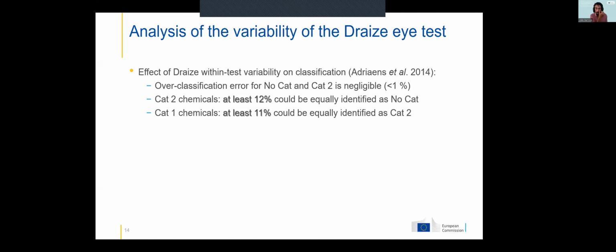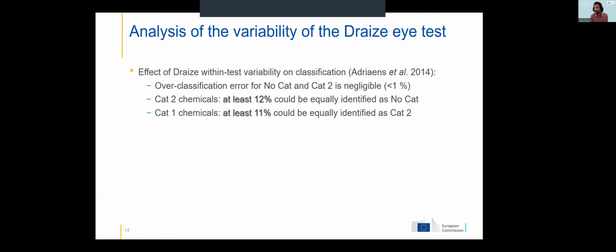And we could notice that the over classification error for not classified and category 2 is negligible, less than 1%. However, due to the variability of individual responses within the same test in the in vivo Draize eye test, there is an overall probability of about 12% that chemicals classified as GHS Cat 2 by the in vivo test could be equally identified as not classified in a repeat test.